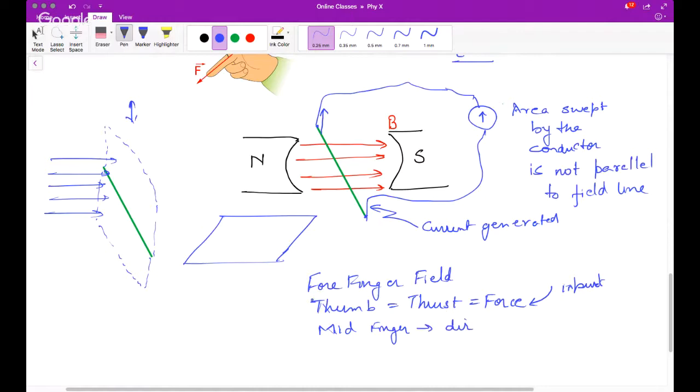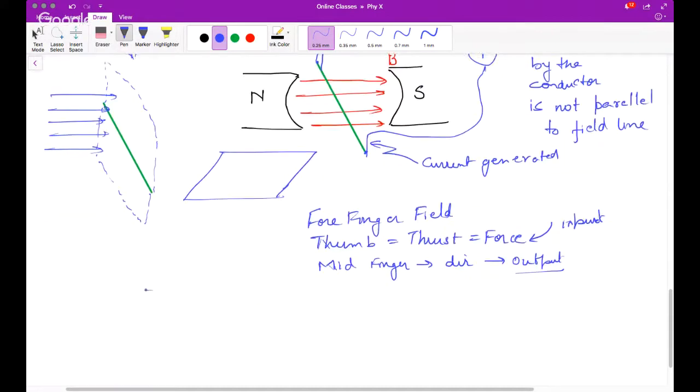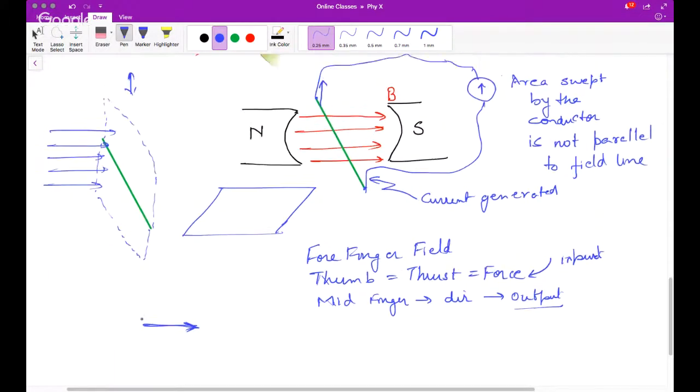In the case of the motor or the left hand rule, the middle finger, the direction of the current, was the input and force was output. Here the force is input and current is output. Right? Let's see that now in this case again. So I'm drawing it here. My forefinger will point towards the field, and the force, let's say I was moving it up, so thumb will be towards the sky.